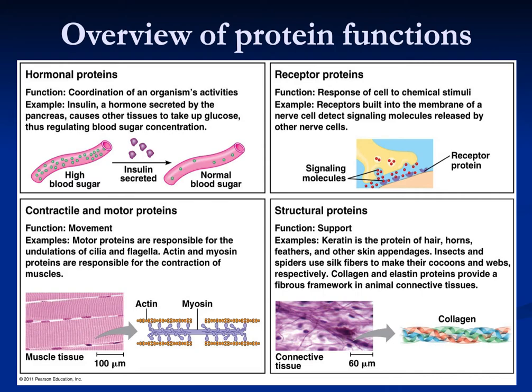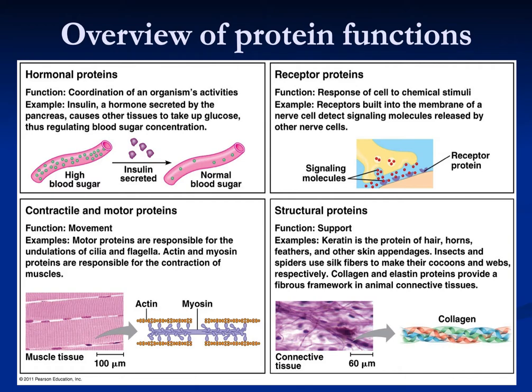We have receptor proteins, and those are on the outside of cells. The receptor proteins take in signaling molecules released by nerve cells. We have contractile and motor proteins responsible for movement. Actin and myosin are in the muscles, and those are proteins that allow us to contract and move.